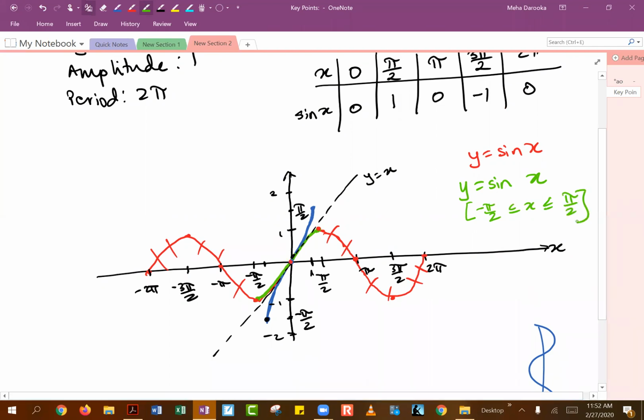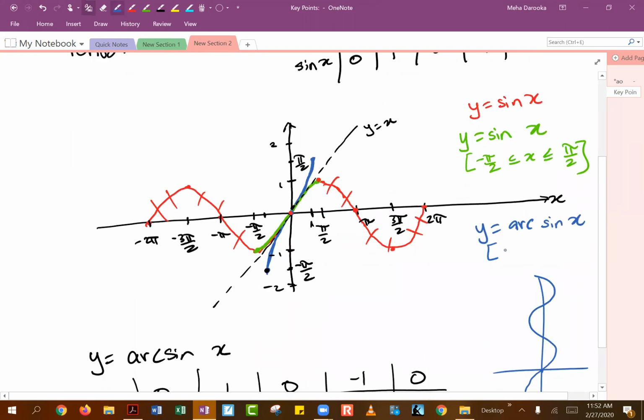Okay, so the green graph is our restricted sine of x function, and then the blue would be our arcsine function, which will be restricted between -1 and +1.